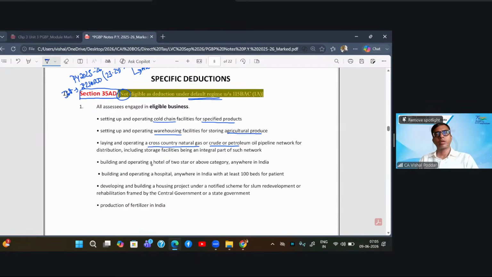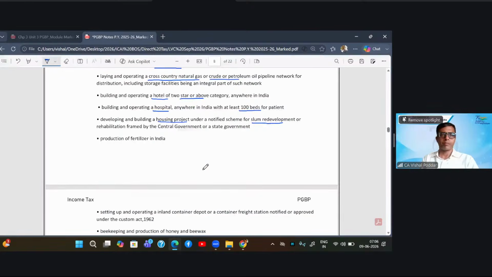Next, you are running a hotel of 2-star or above category, or a hospital of 100 beds plus capacity, or you are into a housing project, either for slum redevelopment or under the notified schemes of the central government.